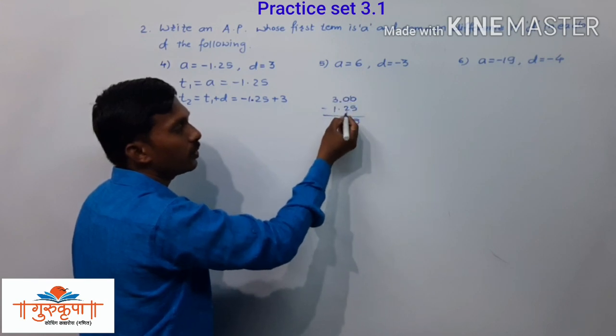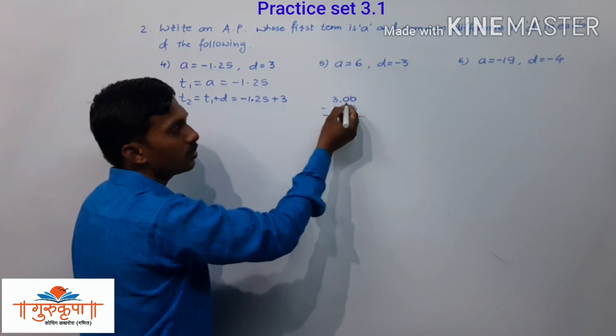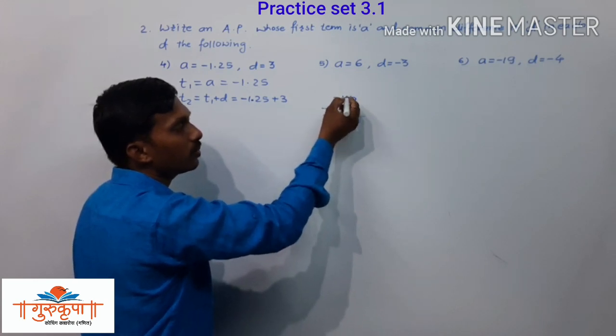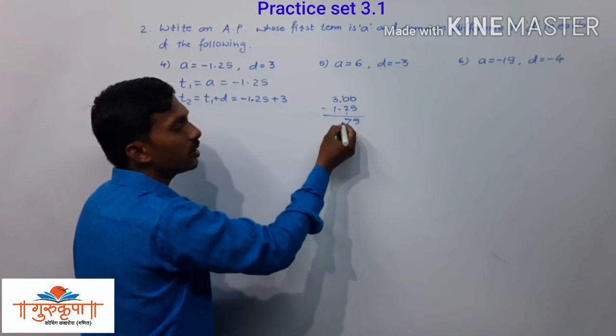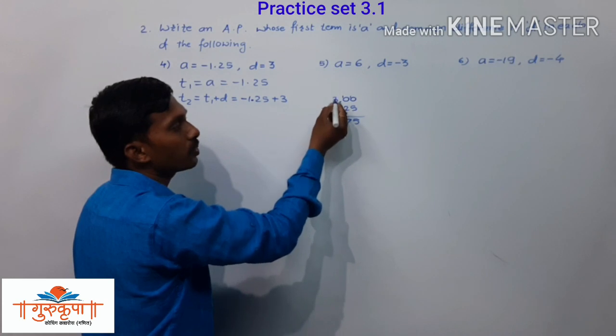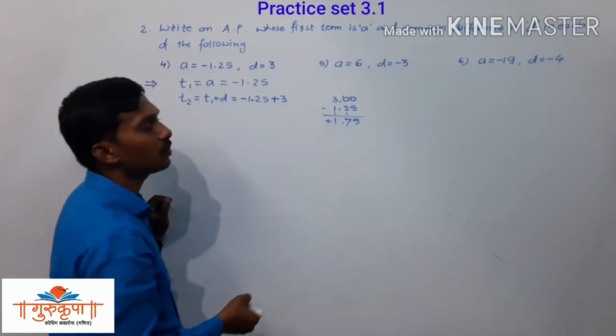The borrowed 1 we have to give back here. We have 3, 0 minus 3, that is not possible to subtract. So here again we have to borrow 1, 10 minus 3 is 7, and this borrowed 1 here we have to give, this is 1 and 1 is 2. So 3 minus 2 is 1, and the bigger number is positive, so the answer is positive.